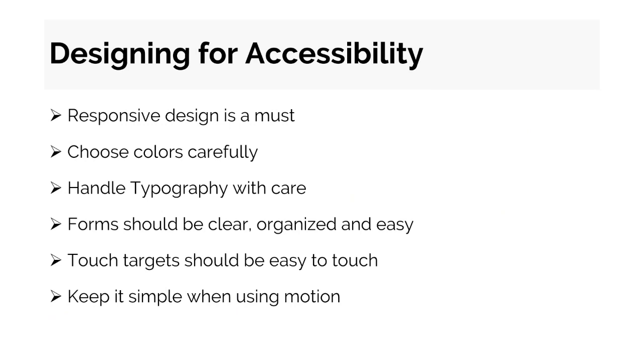The color contrast ratio that I mentioned, we need to make sure that it's there. And handling typography with care. And then the forms should be clear, organized, and easy. And touch targets should be easy to touch. And we should keep it simple when using motion. We should not have too many animations or too much motion going on on the website.